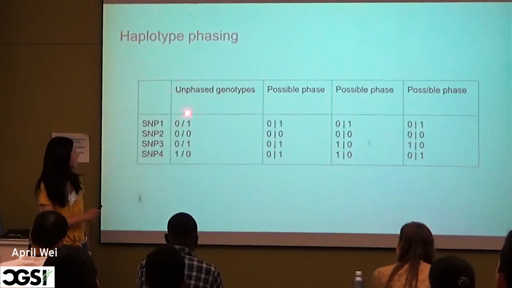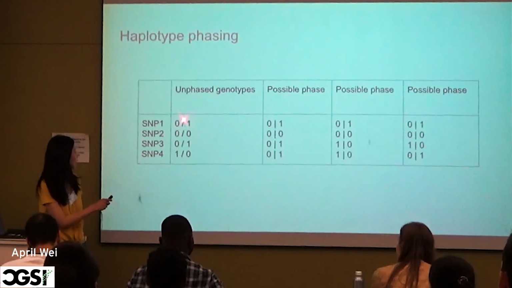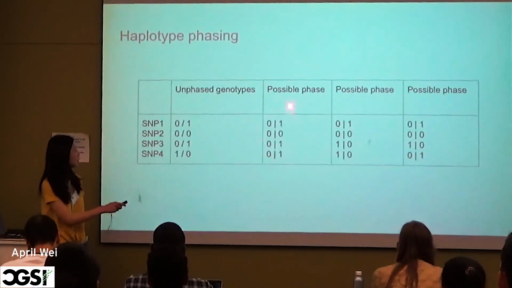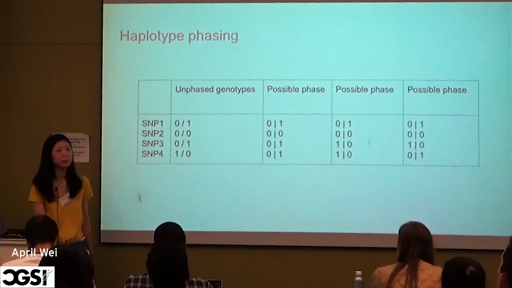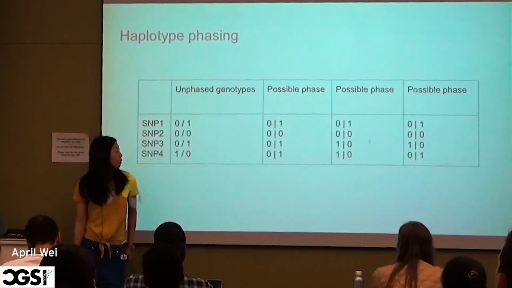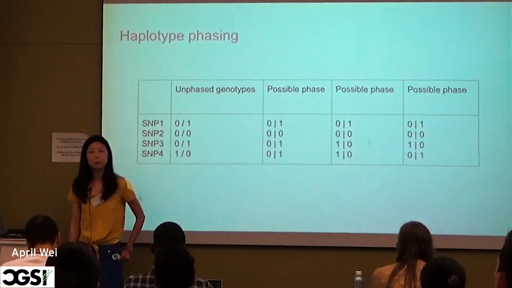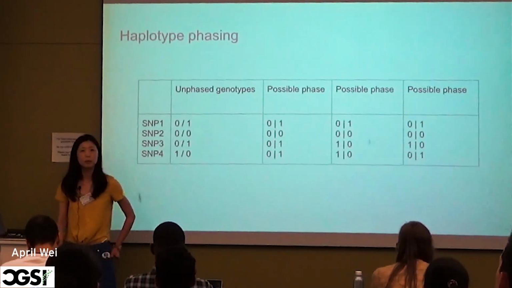Haplotype phasing would be able to separate a diploid state, where we don't know where these variants lie along a chromosome, into the possible phases, and one most probable phase will be chosen. And haplotype phasing at the biobank scale for whole genome data is more or less a solved problem.